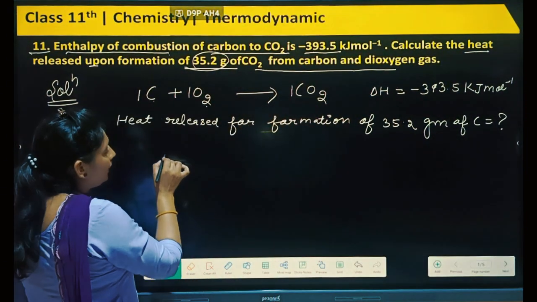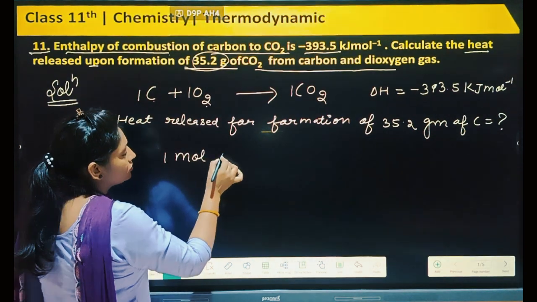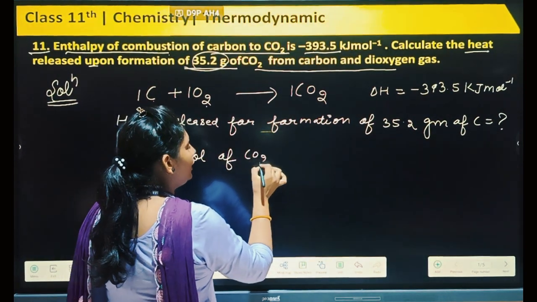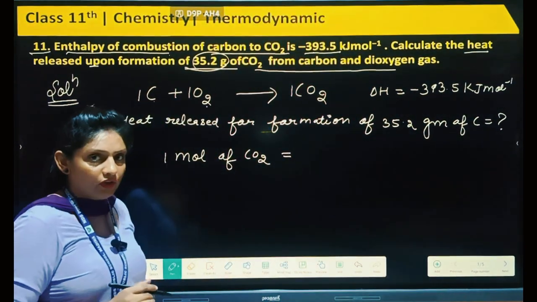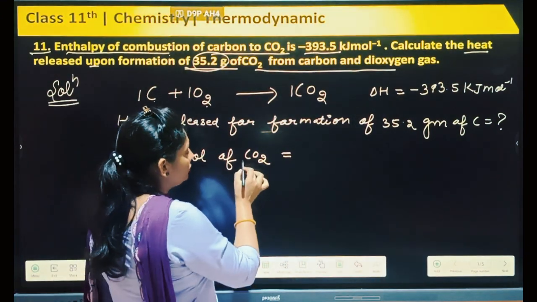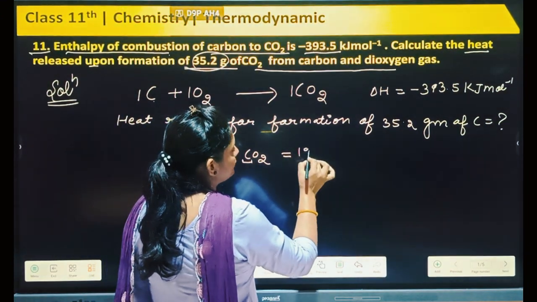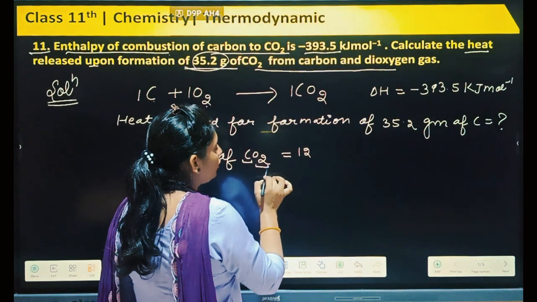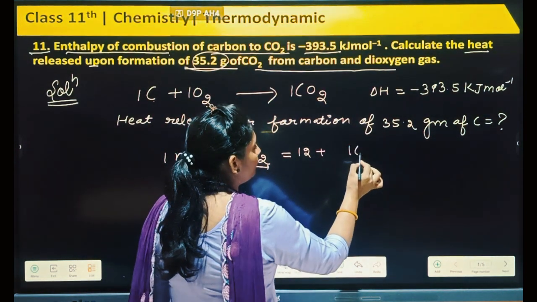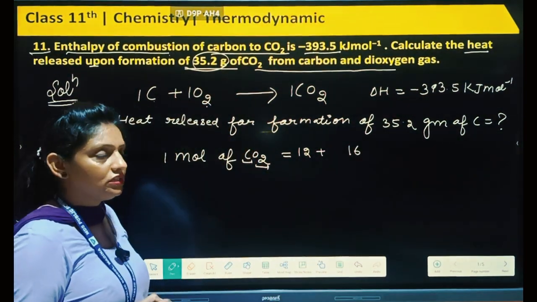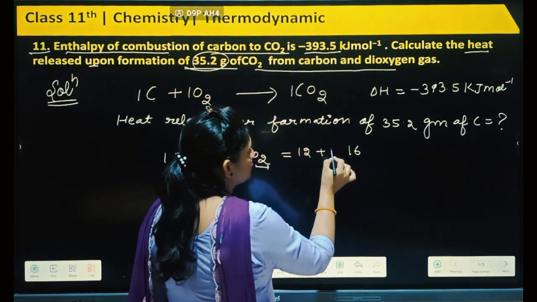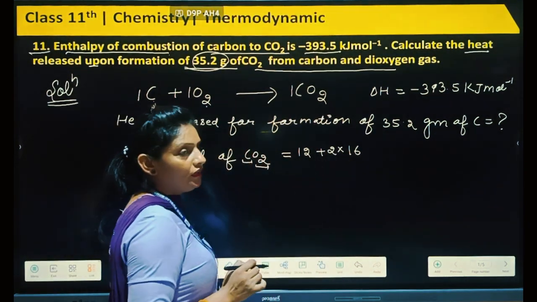And what do you mean by 1 mole? 1 mole of carbon dioxide means its molecular mass. Now you can count here: carbon has mass 12 and 2 oxygens. You know very well the atomic mass of 1 oxygen is 16, but 2 oxygens are there, so 2 into 16.